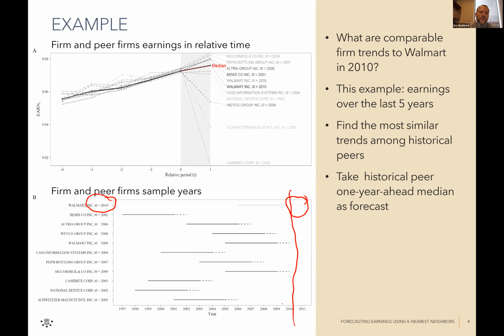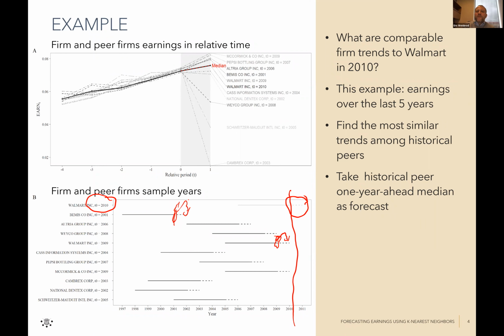So we use 10-year rolling windows, and the neighbors can come from any point that's lagged at least 1 year. Some of these, where we're looking at their trend, where T, or we call it S in the paper, would be 2009, and we ask what happened to this firm in 2010, and can we use that to predict what will happen to Walmart in 2011? Or we can match to an even older neighbor in 2001 and then see what happened to them in 2002 to predict Walmart in 2011.